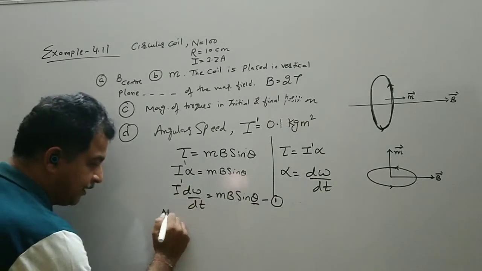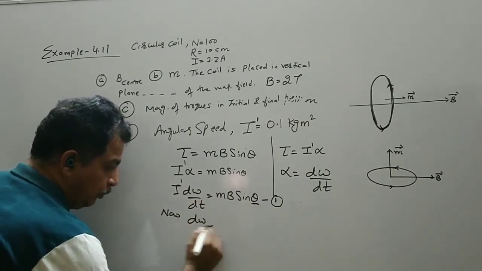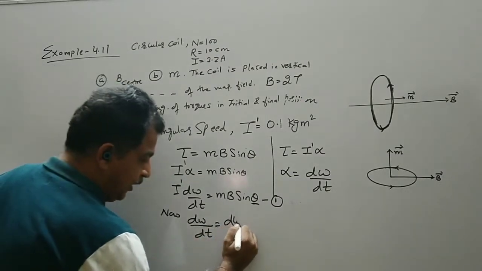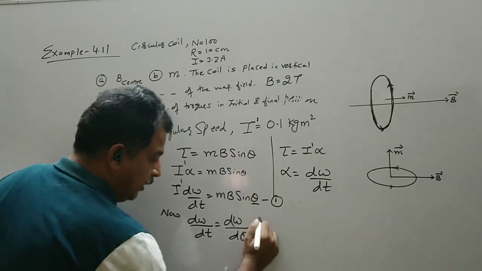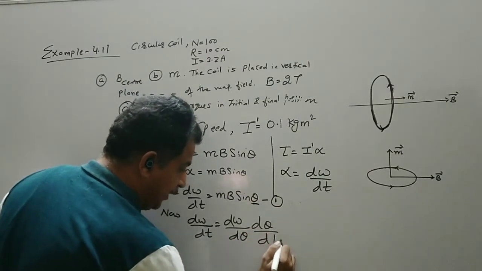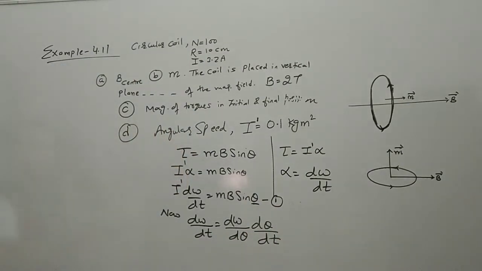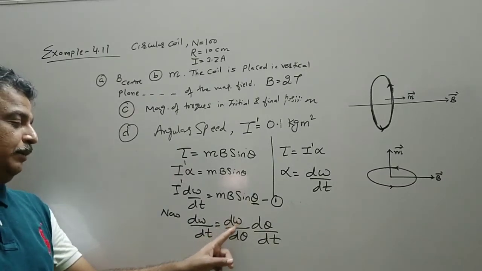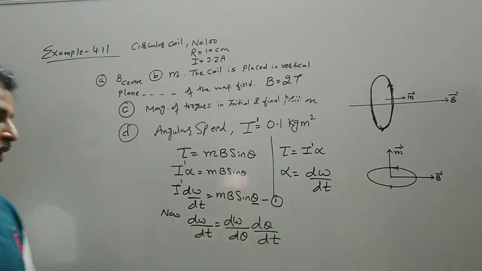So I can write d omega by dt is equal to d omega by d theta into d theta by dt. So it can be written like this. So in the place of d omega by dt, we can write d omega by d theta into d theta by dt.